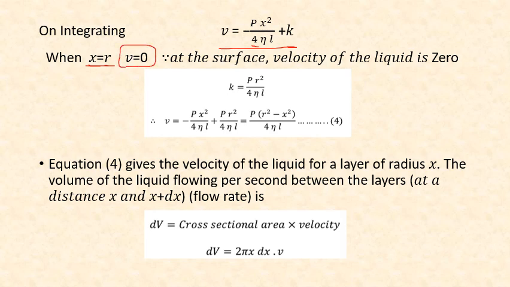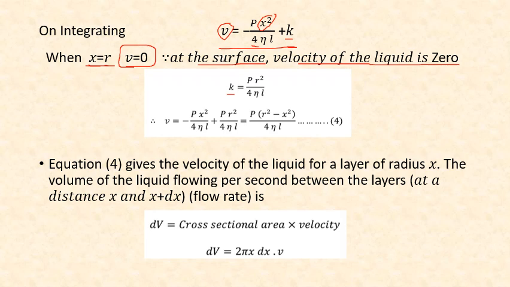So the velocity will be 0 when x is equal to r. That is, at the surface the velocity of the liquid is 0. Substituting these two values, if you put x equals r and v equals 0, you get k equal to p r square by 4 neta L, as the minus becomes plus when it moves to the other side.